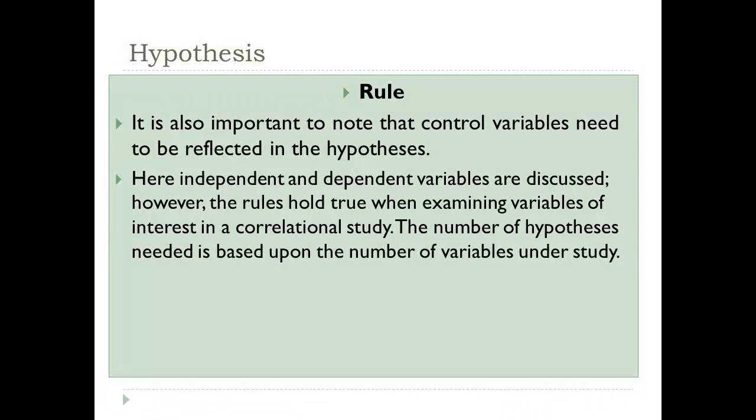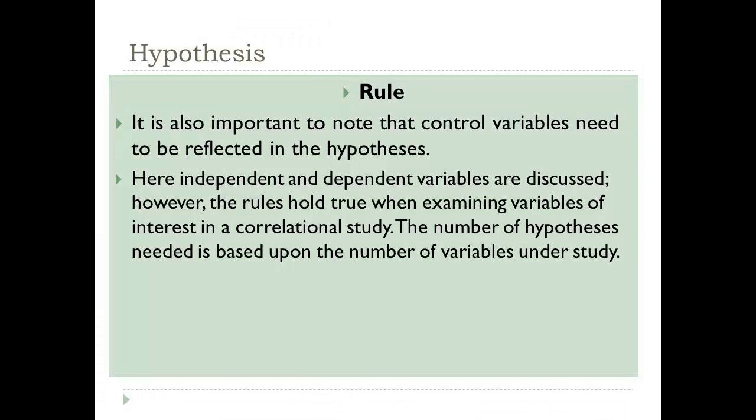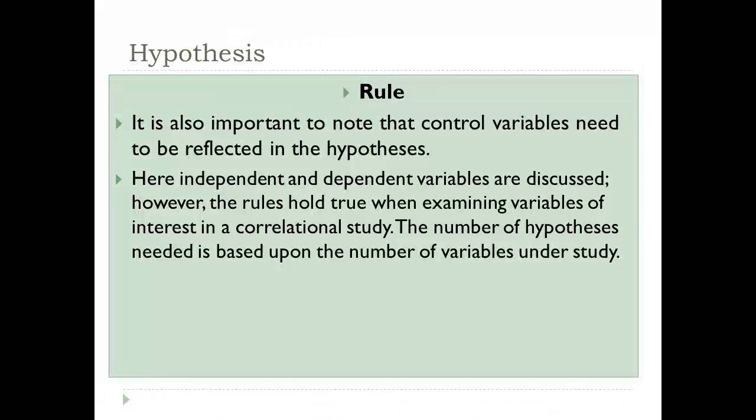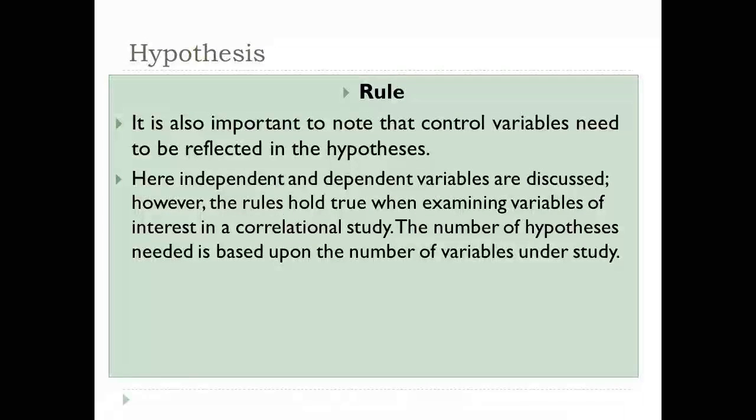Now to this point, we've looked at hypotheses that focused on independent and dependent variables. Most likely the researchers were doing some type of group comparison study, a causal comparative study, or an experimental study, and probably even more specifically a true experimental study, because none of the hypotheses reflected any control variables or any pretest.